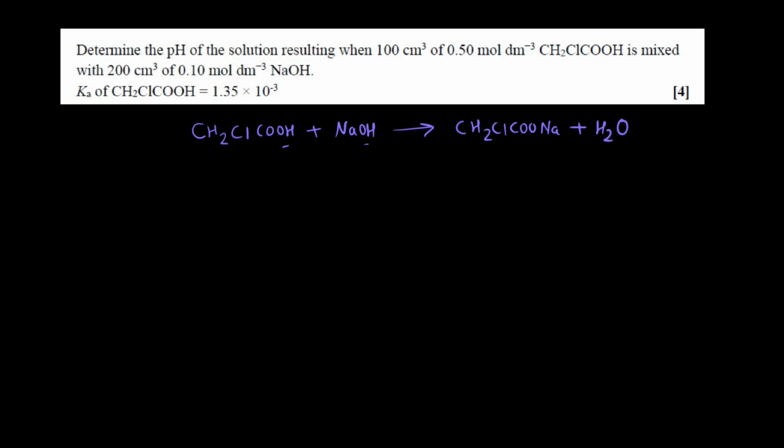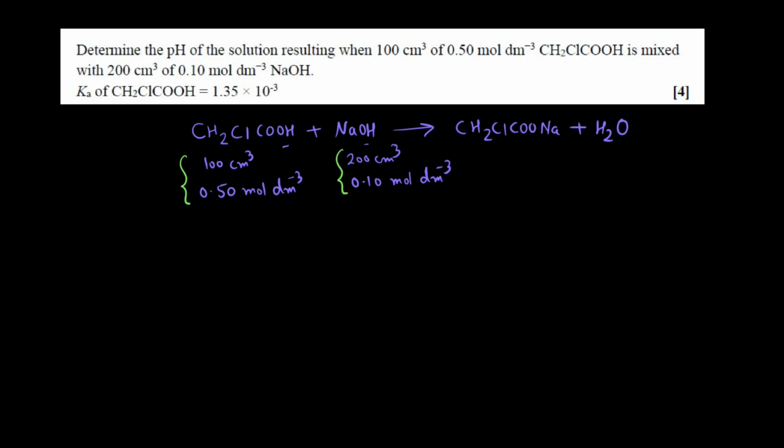So 100 cm³ of chloroacetic acid is given, and this is the concentration in mol per dm³, and the volume of sodium hydroxide is given, 200 cm³, and its concentration is given, 0.10 mol per dm³. Okay, so now from this can we find the moles?